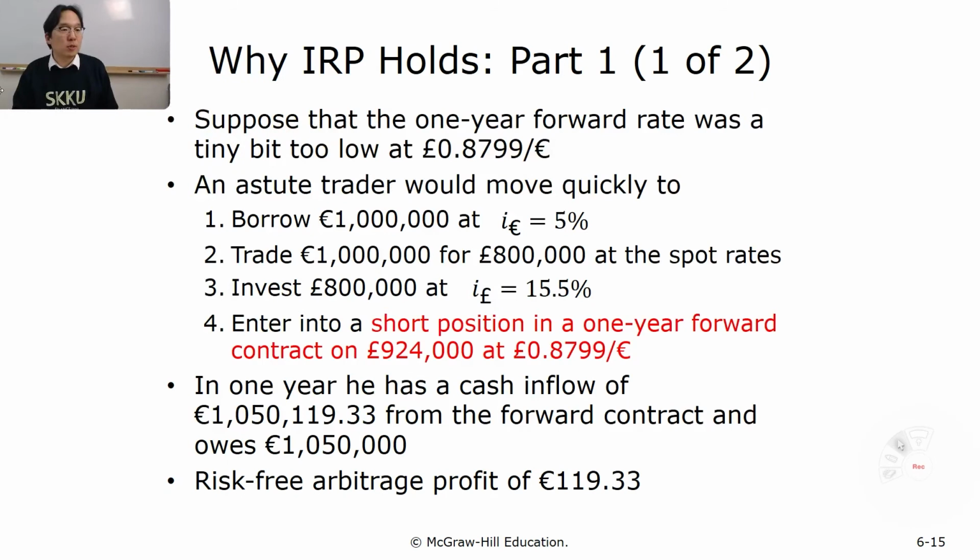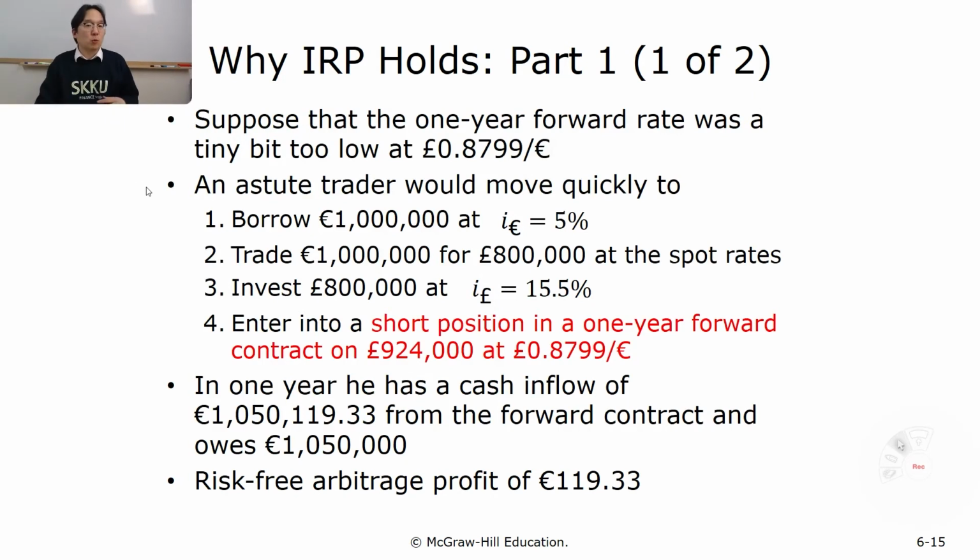Well, suppose that the 1 year forward rate was a tiny bit too low in this previous example, at 0.8799, okay, slightly lower.